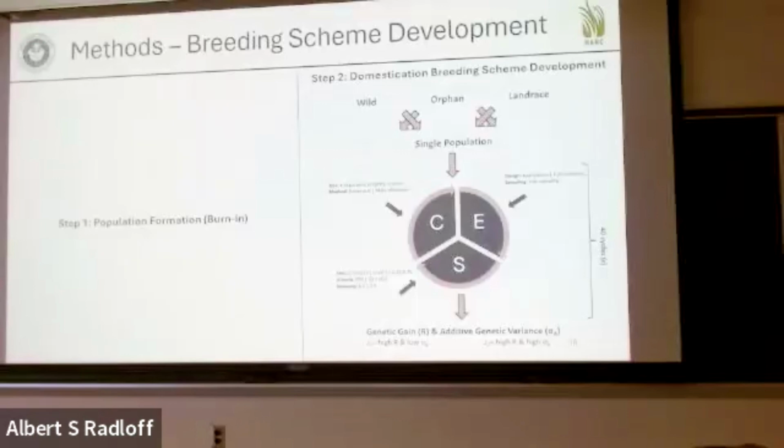So we can try to have a high gain and a low additive genetic variation, so we're fixing that simple trait within our population, or we're having a high gain and a high additive variation in that complex trait, so we can begin to shift that population if we need to. And we're changing things, again, along that crossing, evaluation, and selection regime.